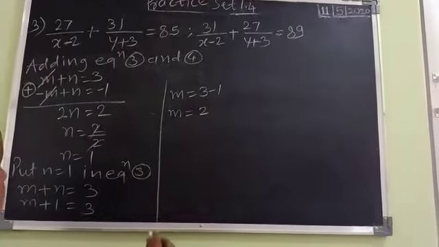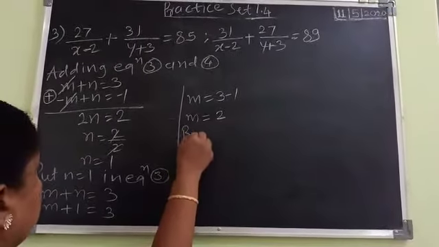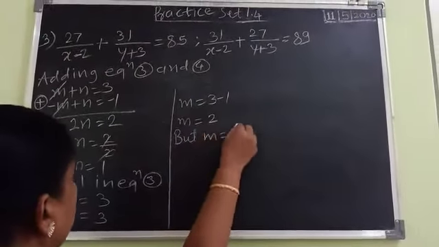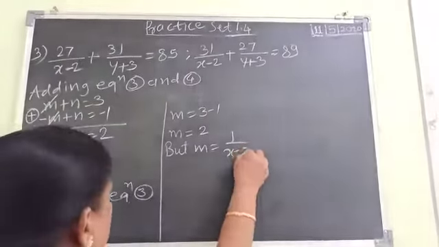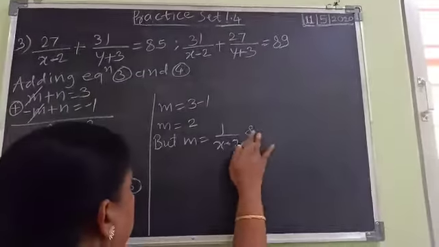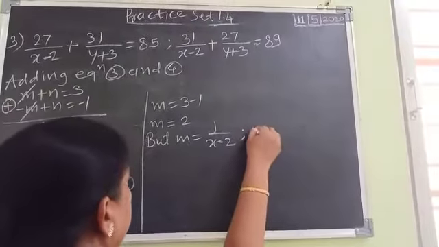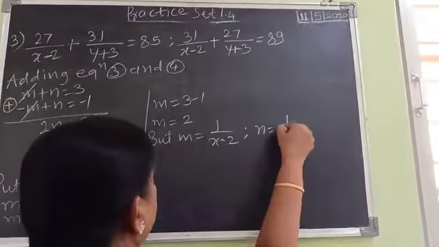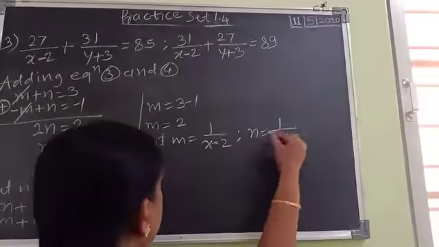But we know that m is equal to 1 upon x minus 2 and n is equal to 1 upon y plus 3.